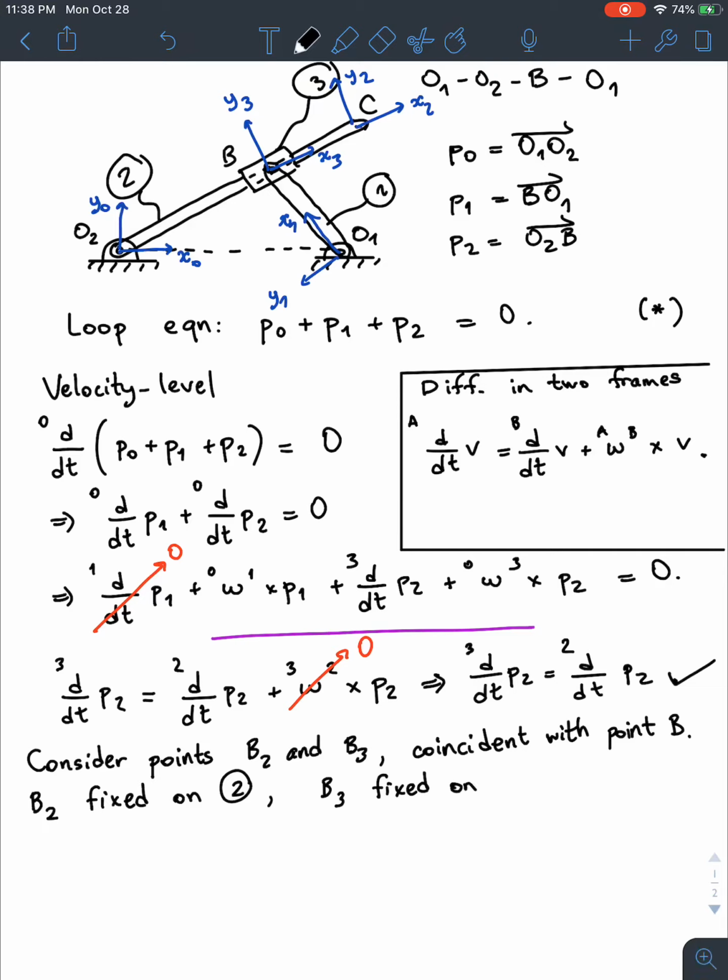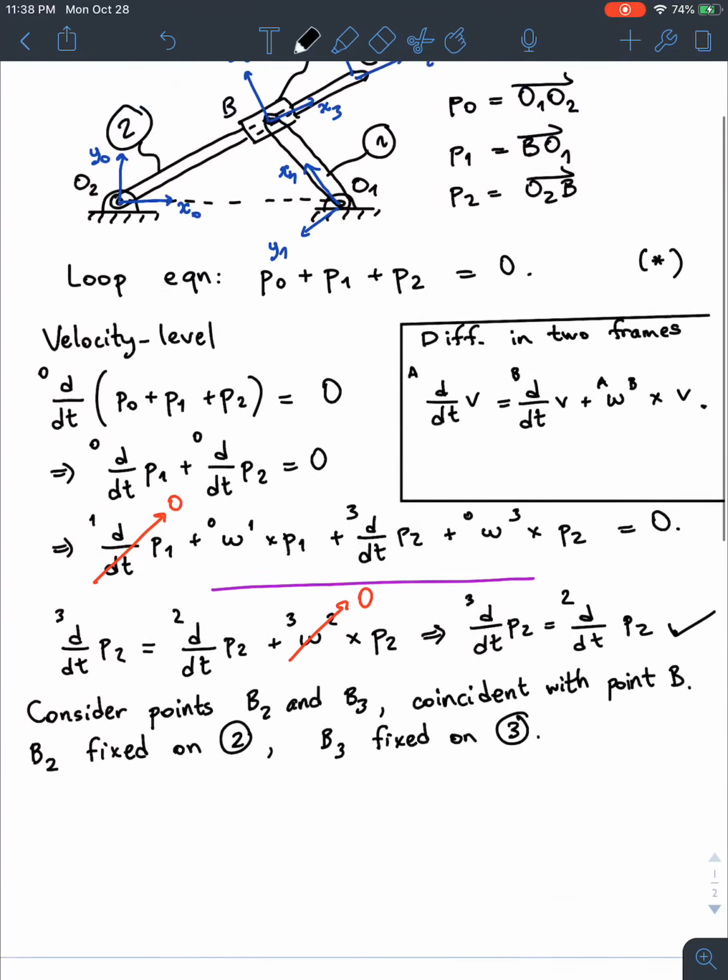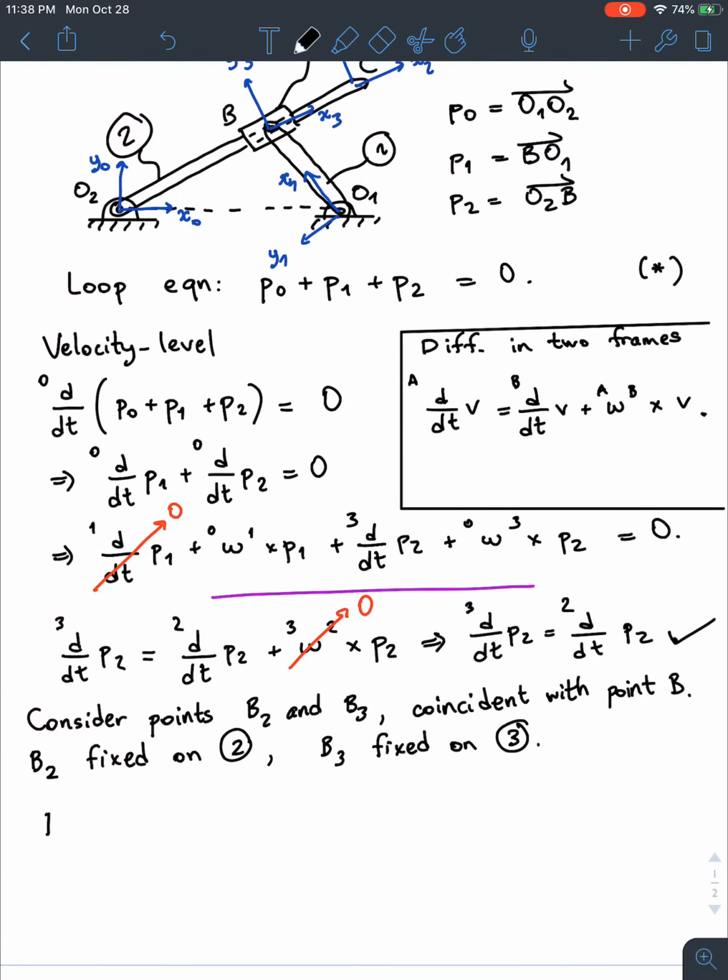But at the current instant of consideration, they are coincident. They are exactly on top of each other. So what I can do then is decompose the vector P2 to be a vector that goes from O2 to B2, but remember B2 is fixed on 2, plus a vector that goes from B2 to B3. Okay?